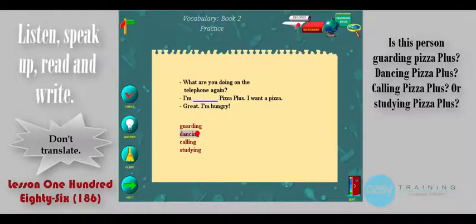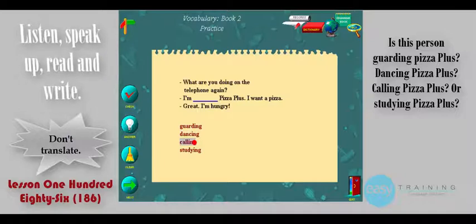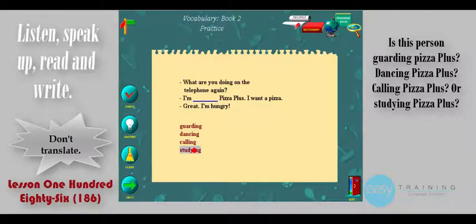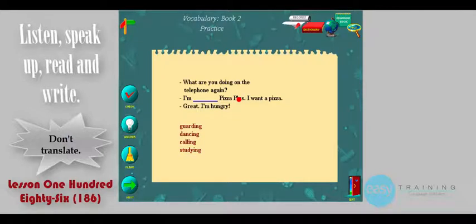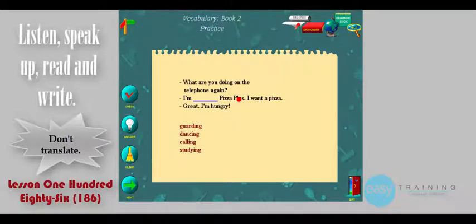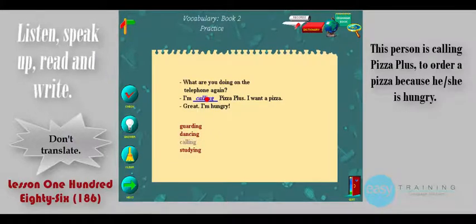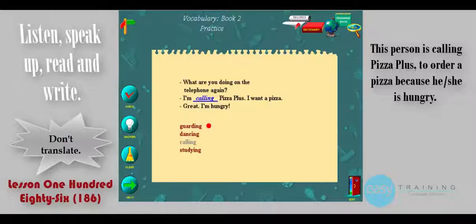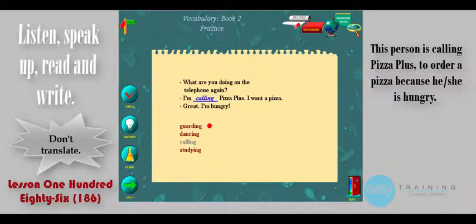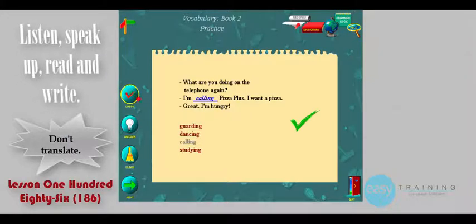Dancing pizza plus? Calling pizza plus? Or studying pizza plus? Pizza plus is the name of a fast food store, fast food restaurant. This person is calling Pizza Plus to order a pizza because he or she is hungry. Great.